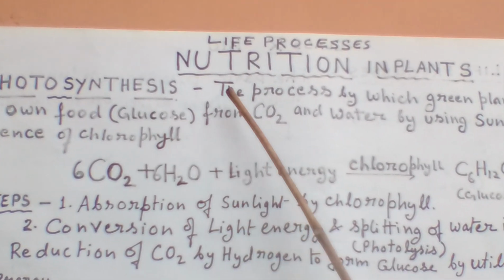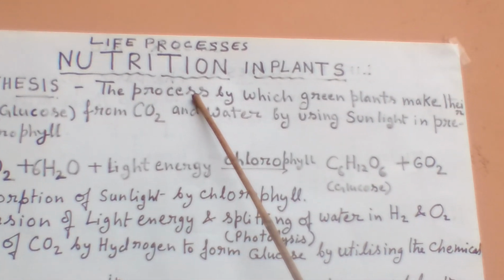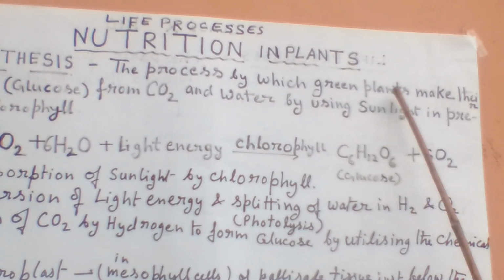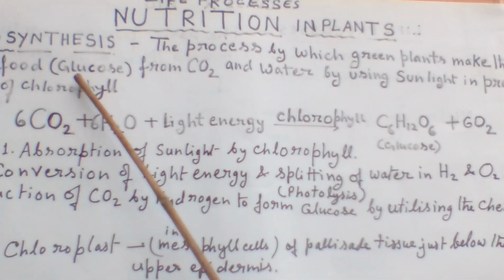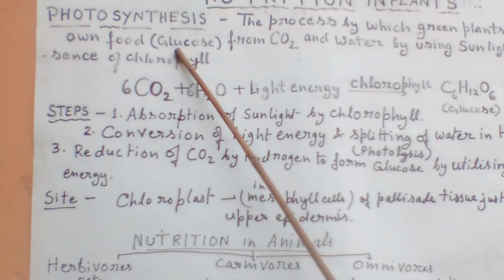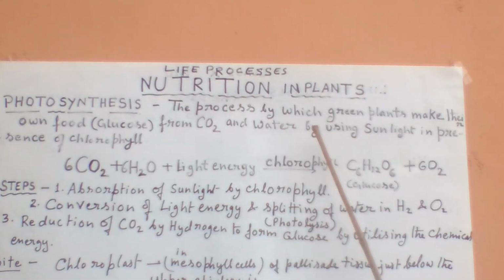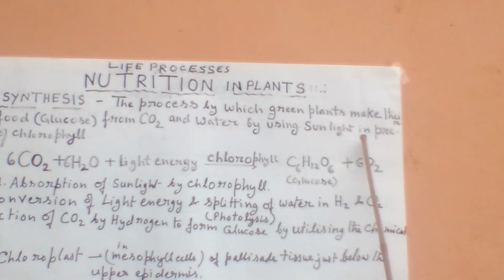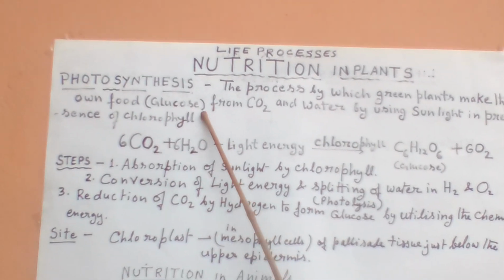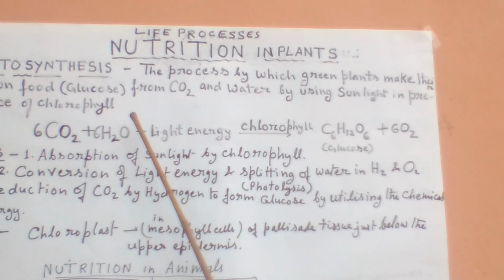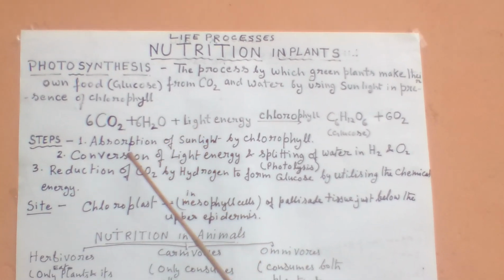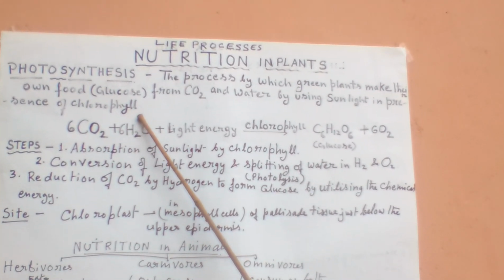The process may be defined as the process by which green plants make their own food, glucose, from CO2 and water, using light energy in the presence of a green pigment present in their leaves or other parts called chlorophyll.